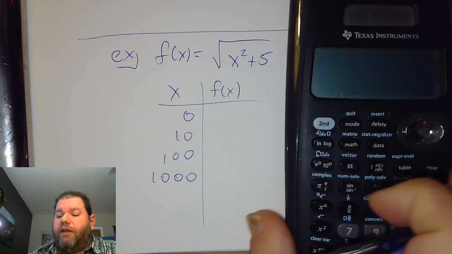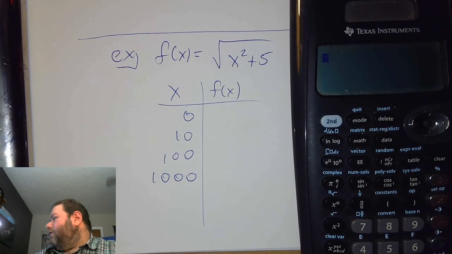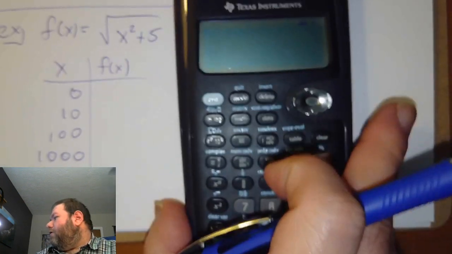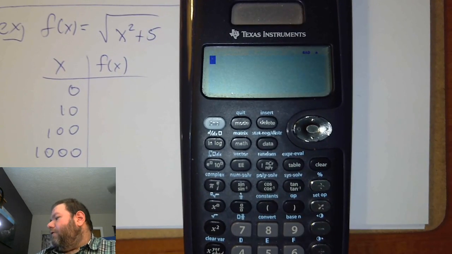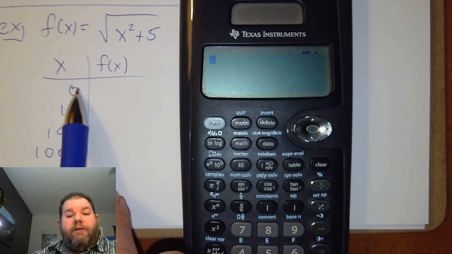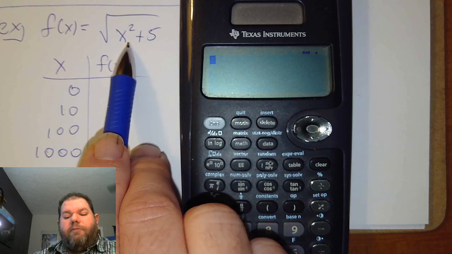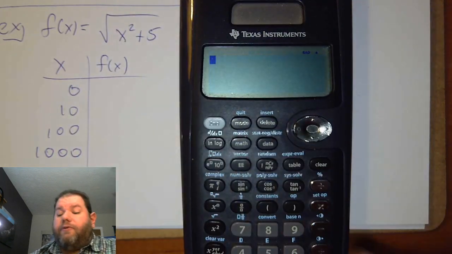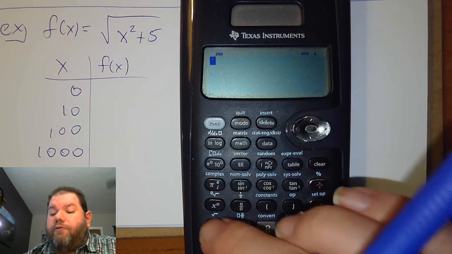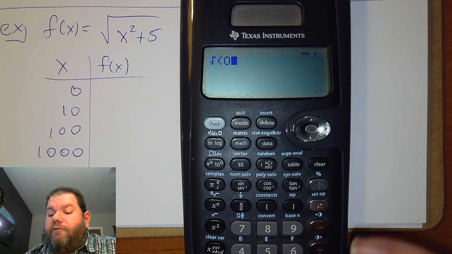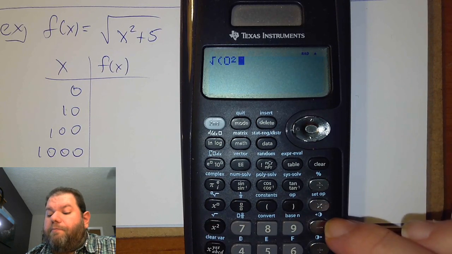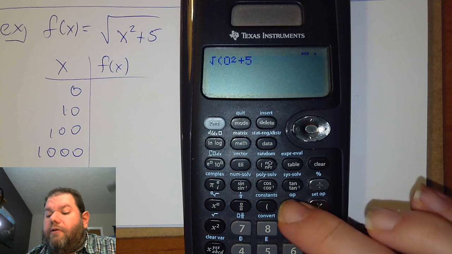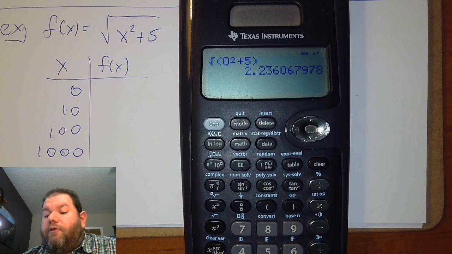So if we did, let's see, if we plug in x equals 0, that means we have 0 squared plus 5 under our square root. So we'll do square root of 0 squared plus 5. So we get 2.24 if we round.